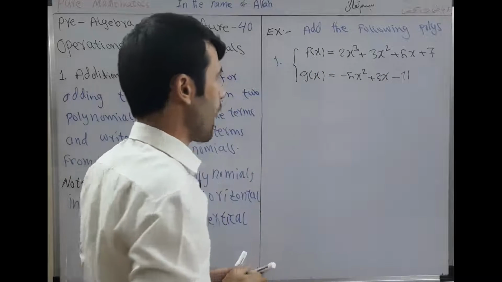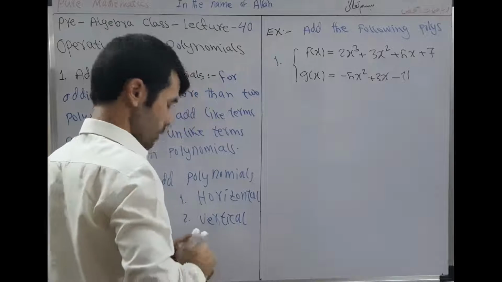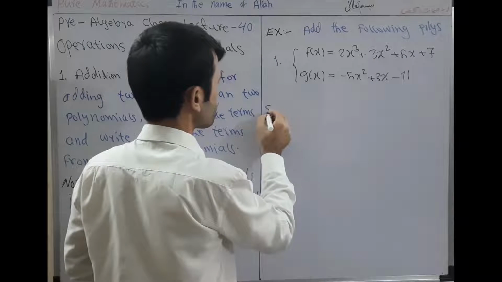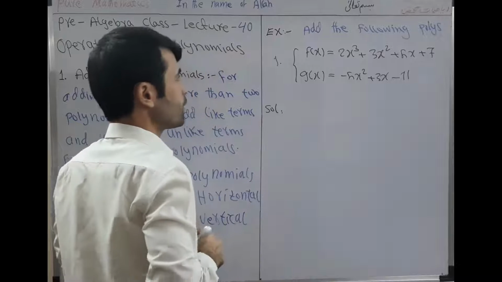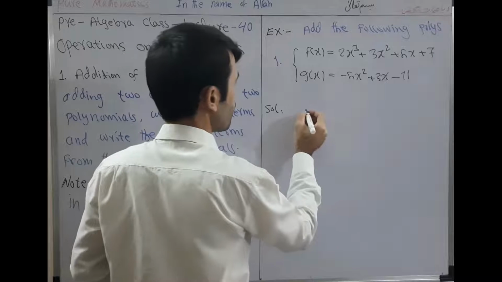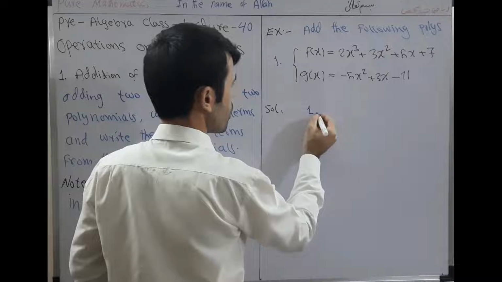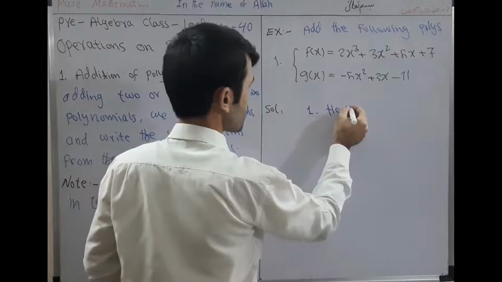Here we want to add these two polynomials. Solution. First method, horizontal method.